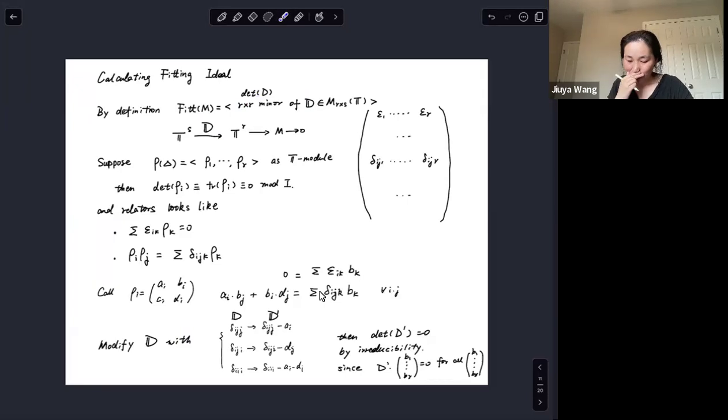Recall that our module is constructed to be a quotient of the augmentation ideal.